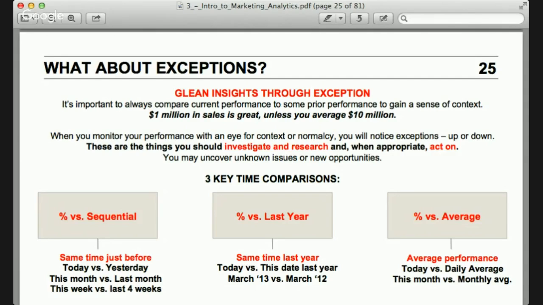If we were to consider the time periods, like for instance, the same time versus just before, sequential, like your boss asks, well, hey, what was performance last month in October versus performance in September? How many visits we had? So let's see, February, March, April, May, June, July, August, September, October, right?